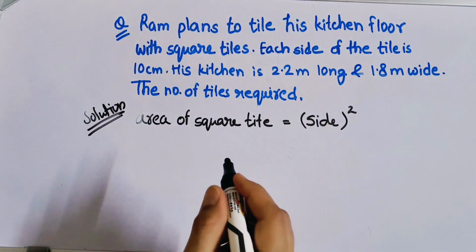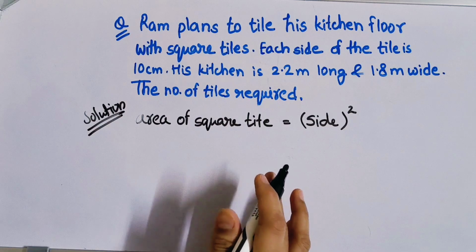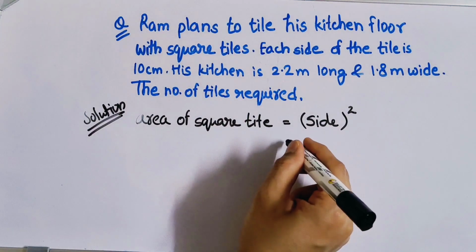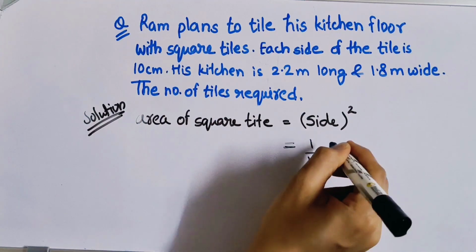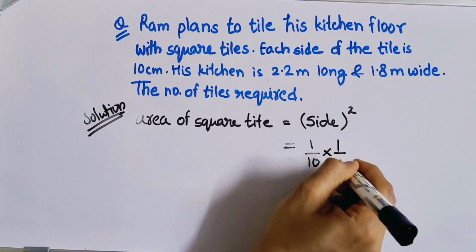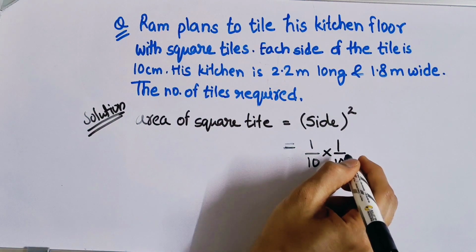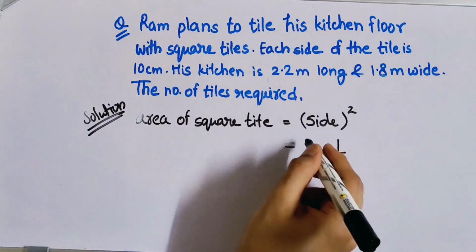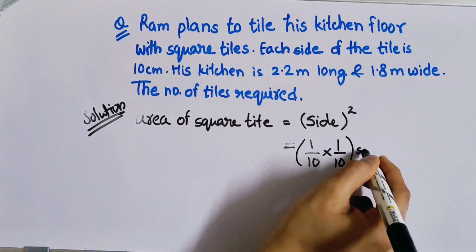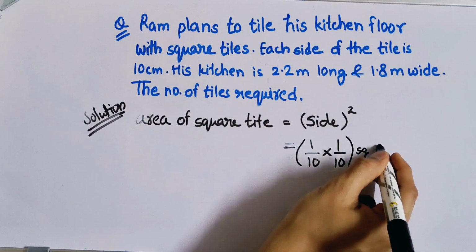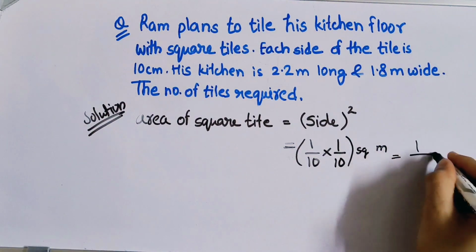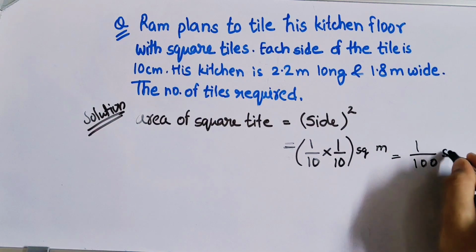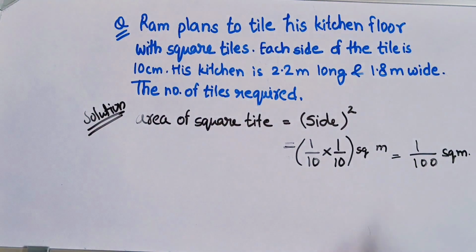So we have side length is 1 by 10 meter. So 1 by 10 into 1 by 10, this comes 1 by 100 square meter.